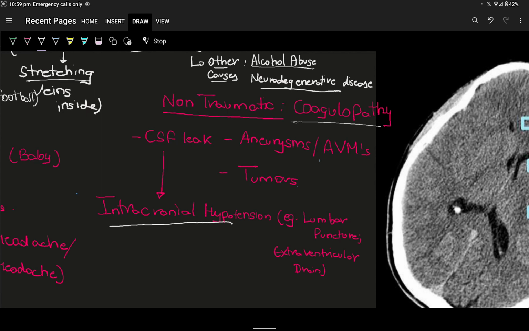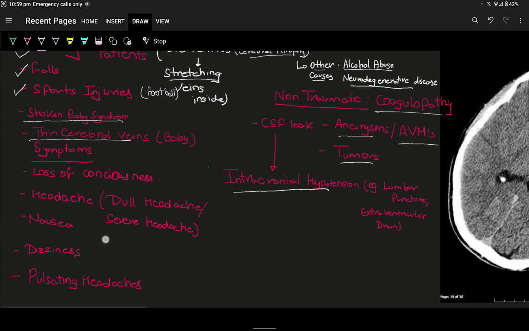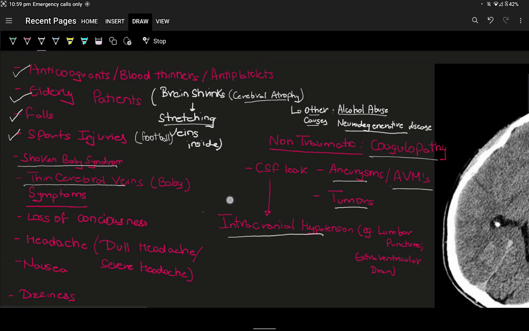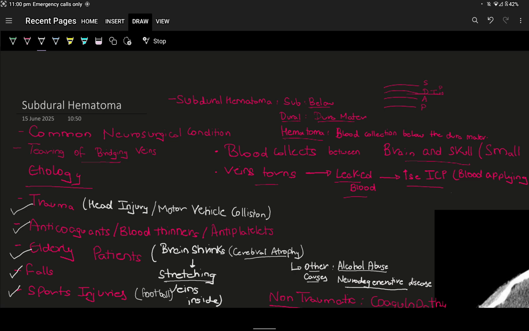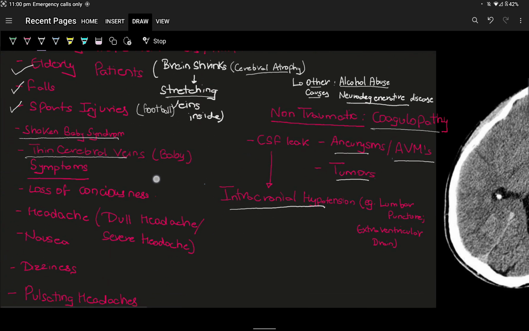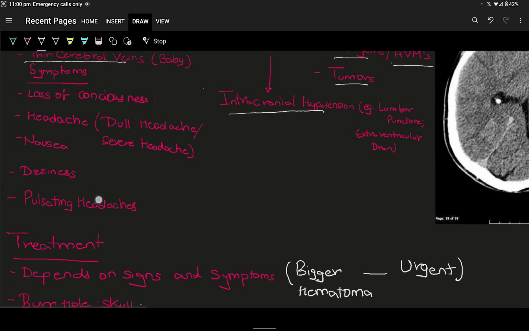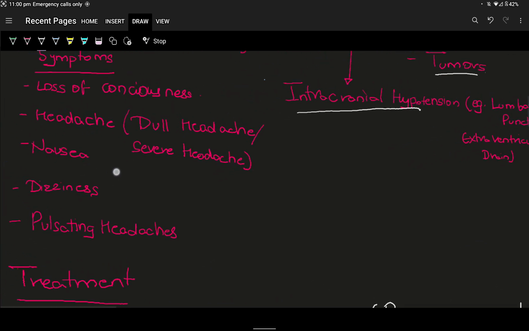Other causes could also be aneurysms within the brain, tumors, or arteriovenous malformations. So here we covered the basic introduction to subdural hematoma. Later, we went on to discuss the etiologies causing it. Now we will see what the symptoms are.